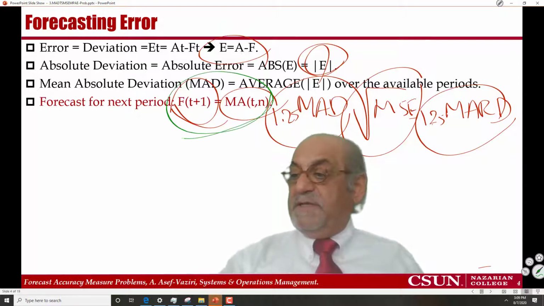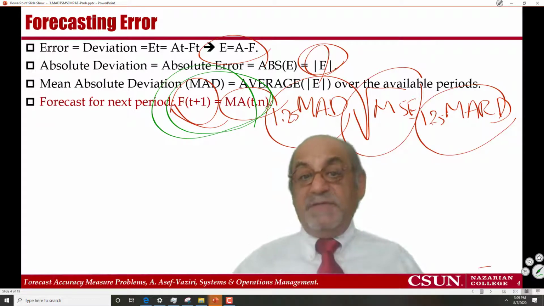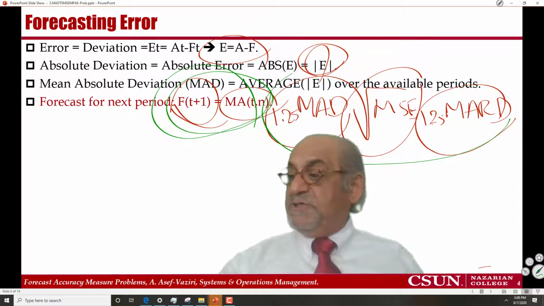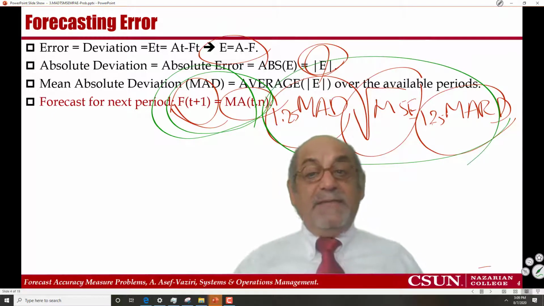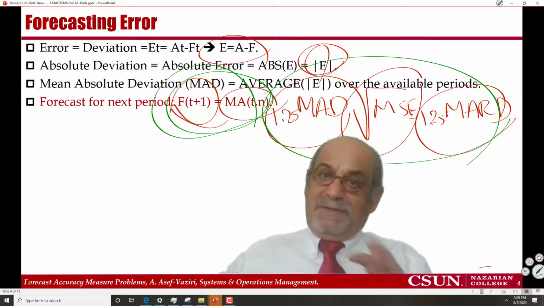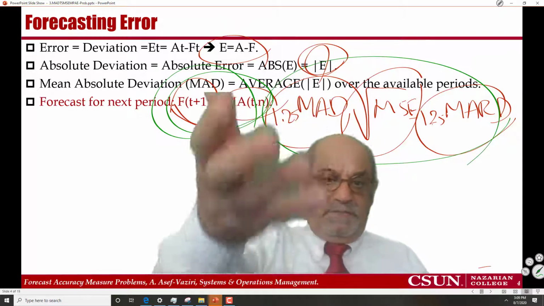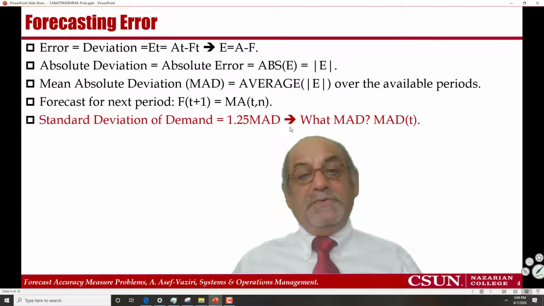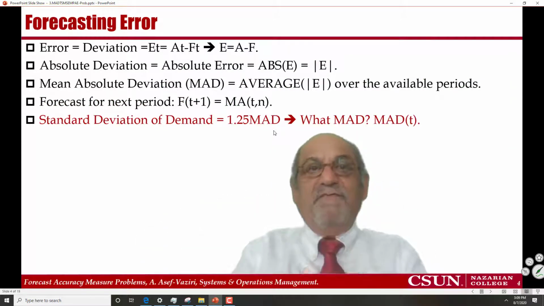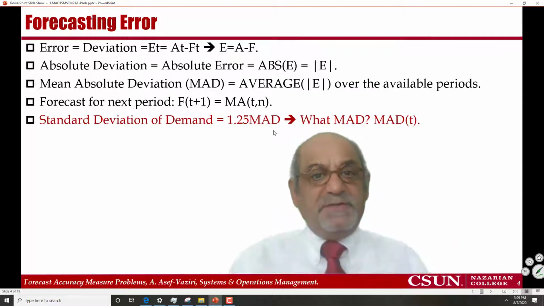Forecast for the next period is equal to the moving average for this period. Standard deviation is MAD, MSE or MARD of this period after some manipulation for the next period. If you are using MAD, the standard deviation of the next period is 1.25 MAD. MAD of what? MAD of this period.